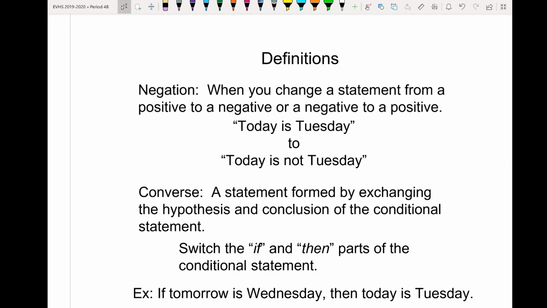All right, so now, negation is when you change a statement from a positive to a negative or from a negative to a positive. So, in this situation, we got not. The negation of today is Tuesday is today is not Tuesday. Now, we got to be careful with negations because when we say we're using a negative, we're kind of including everything else that wasn't included before.